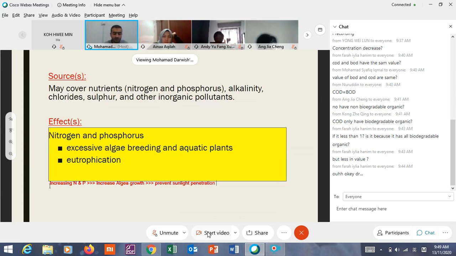Correct. Why? When there are algal blooms on the surface of the water, they prevent the sunlight from entering the water body to reach the aquatic life. And it will also cause depletion of oxygen in water. Those are the two main effects: prevent sunlight penetration and depletion of oxygen in water.